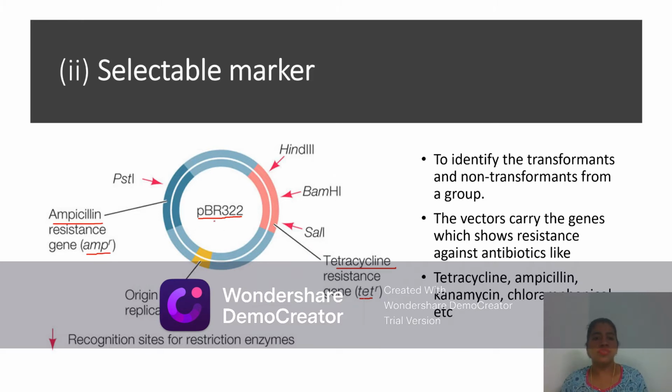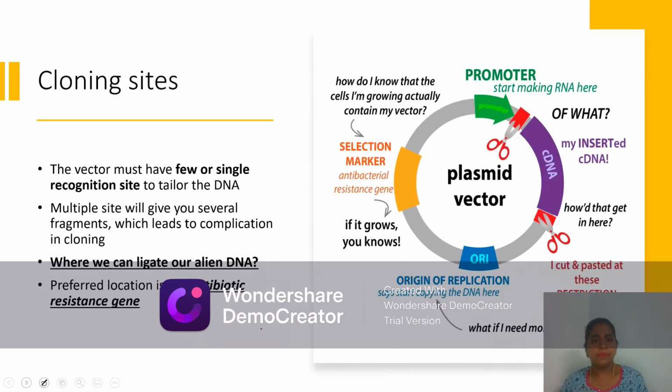These two genes we can use as the selectable marker. So the first feature is that your vector should have an origin of replication, the ori site. The second feature is that your vector should have a selectable marker. The antibiotic resistance gene can be the selectable marker.